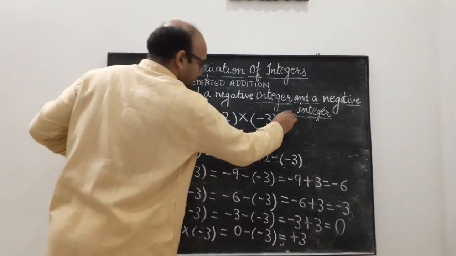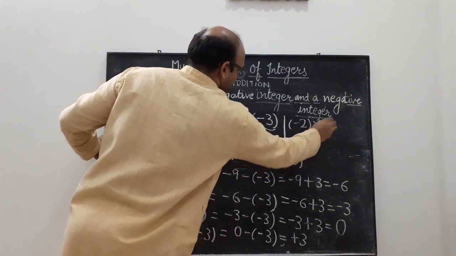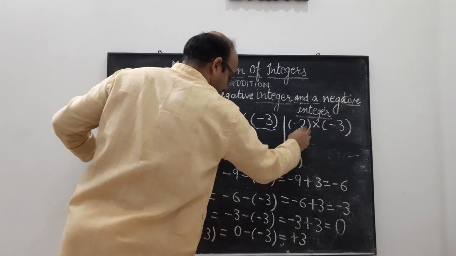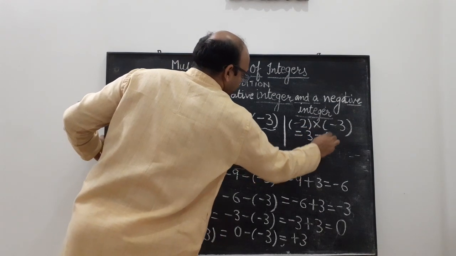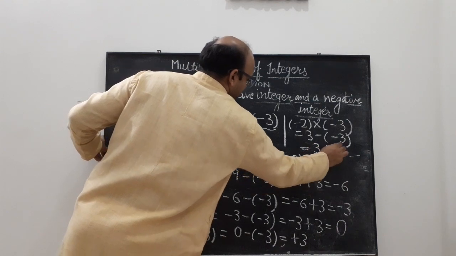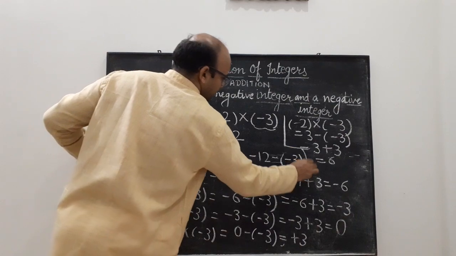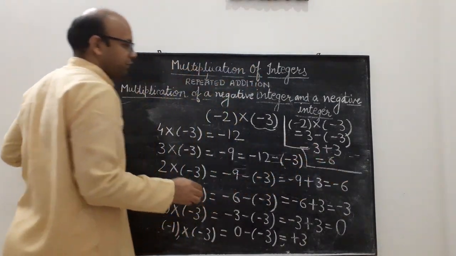And similarly, if you further deal with this, minus 2 into minus 3 is 3 minus of minus 3. This is 3 plus 3, which is equal to 6. So this is the answer we were looking for.